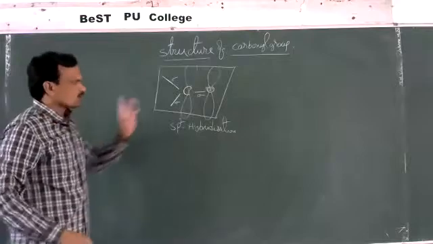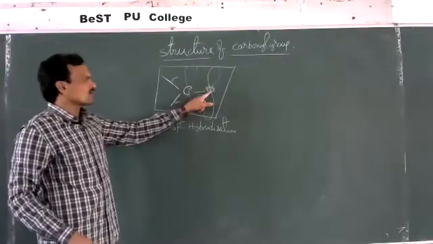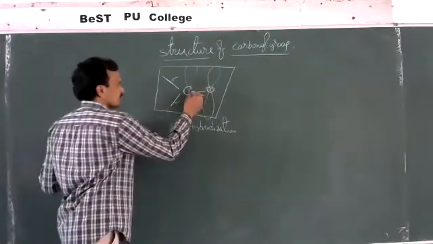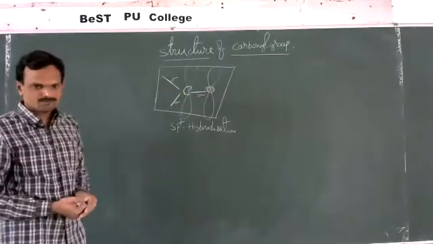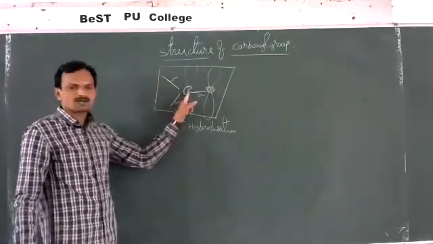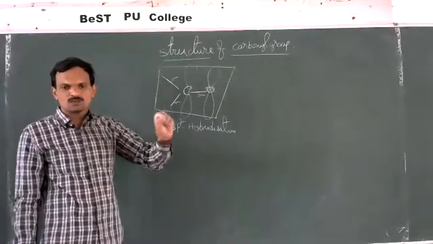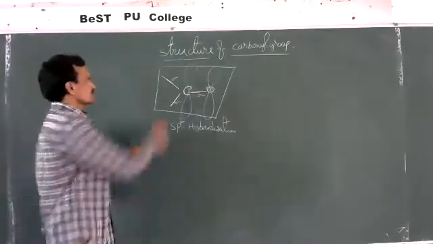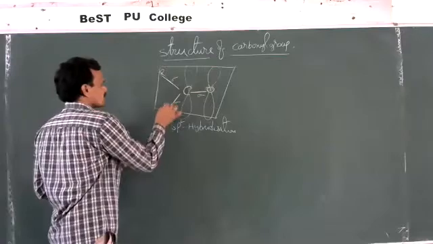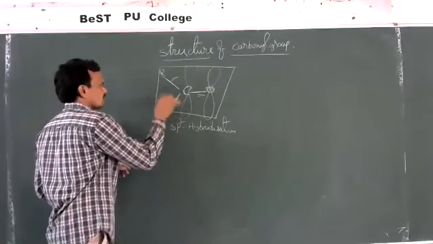Out of that, 1 p orbital of oxygen overlaps with an sp2 hybrid orbital of carbon and forms a sigma bond. Like that, the carbonyl carbon forms 3 sigma bonds. Here this is R and this may be either H or R.